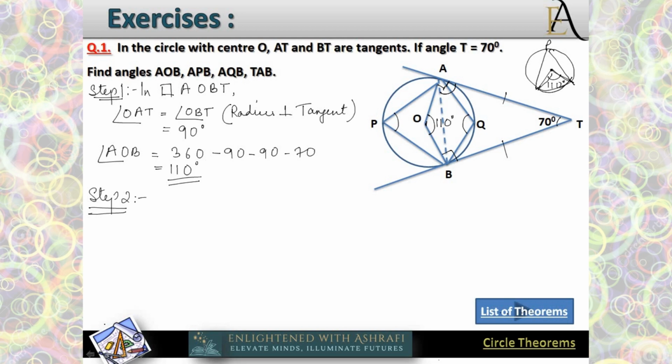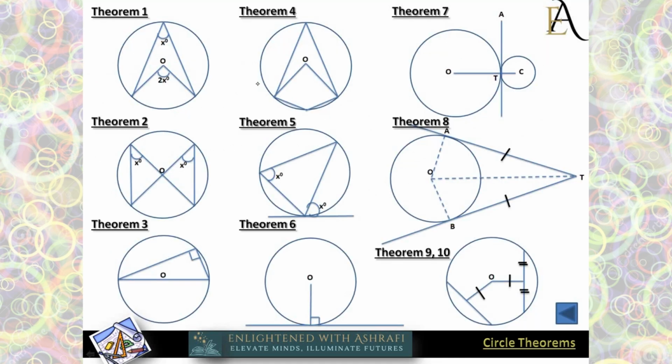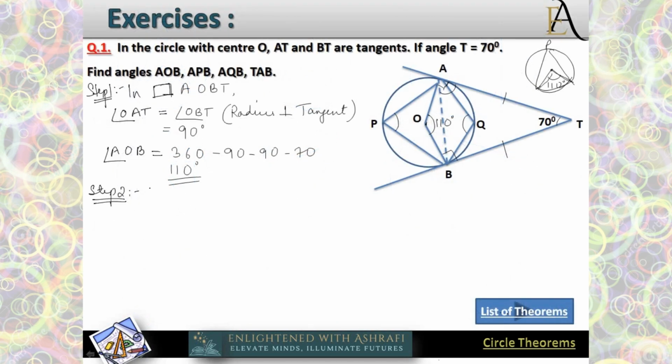So over here which theorem are we going to use? We are going to use theorem 1, where if you have 2x at the center, this is going to be x. So step 2, we are going to use theorem 1.